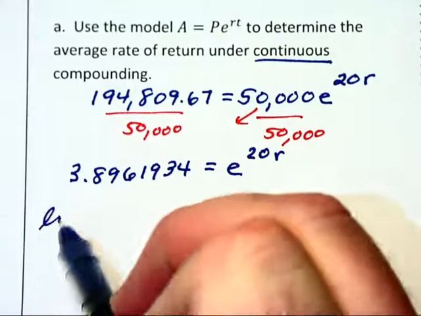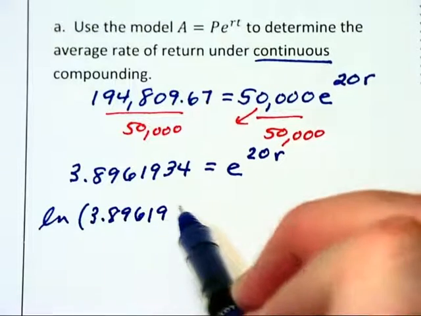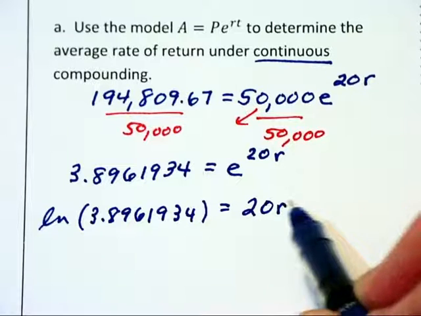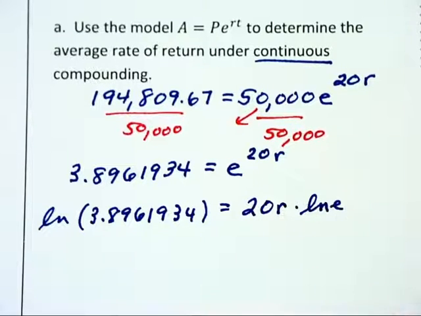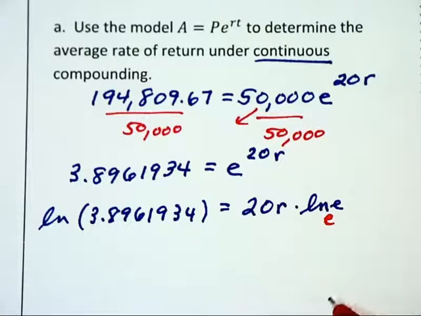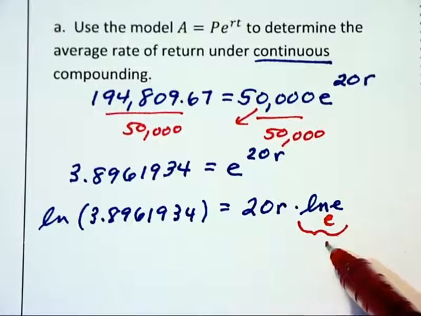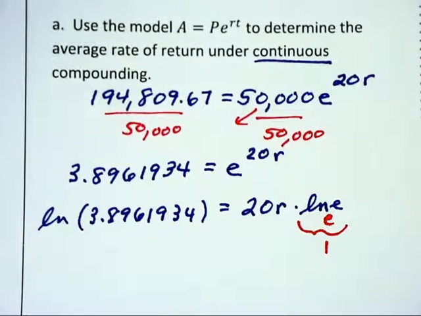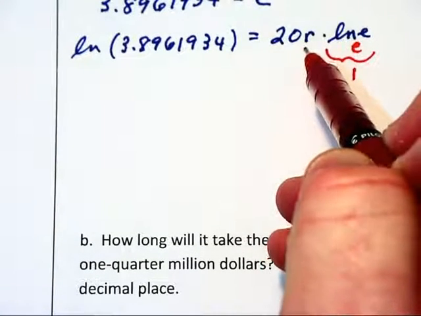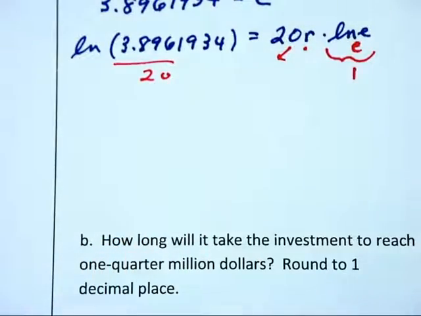So we will have the natural log of this 3.896 number is equal to the 20r, which comes down, times the natural log of e. Well, the natural log of e has a base of e, and e to the first makes e, so that expression there is equal to just 1 on its own. So now we want to isolate the r by itself, which means we need to divide 20 off of each side.